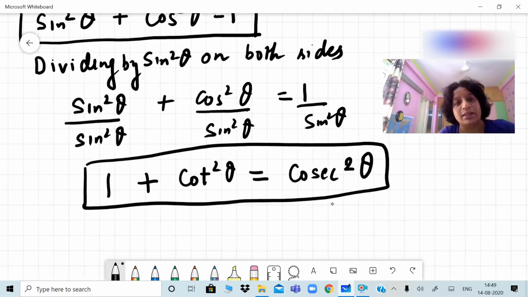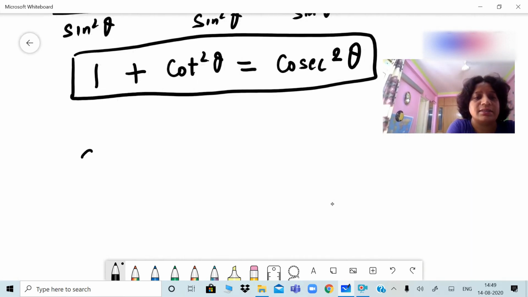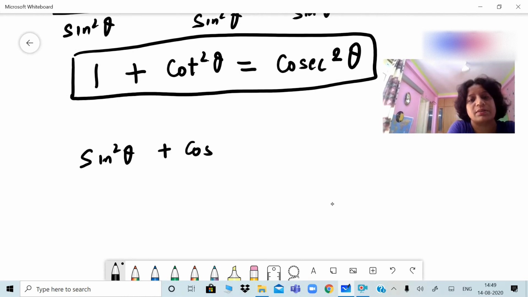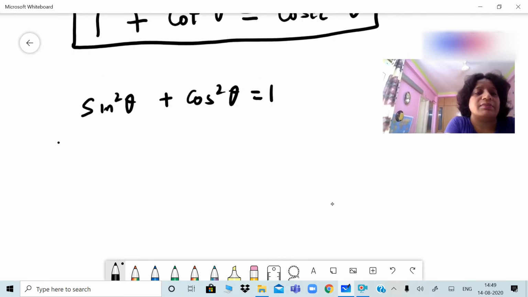Now let's make the third identity. Again take the identity sine square theta plus cos square theta equals 1. We will make all the identities using this. Now divide by cos square theta on both sides.